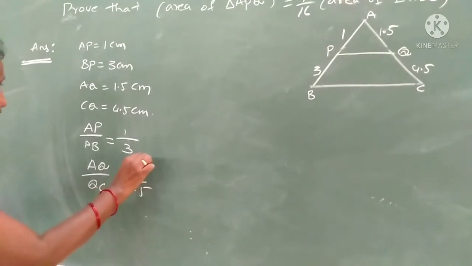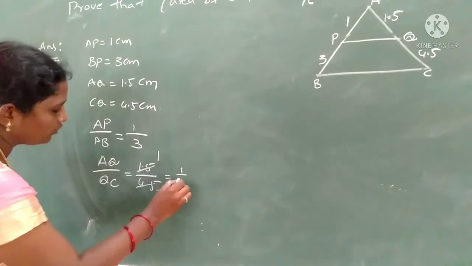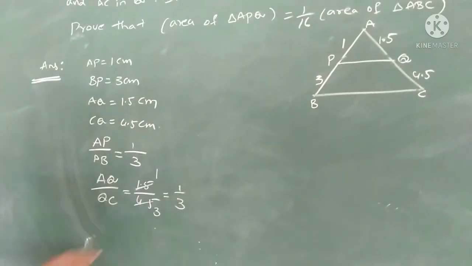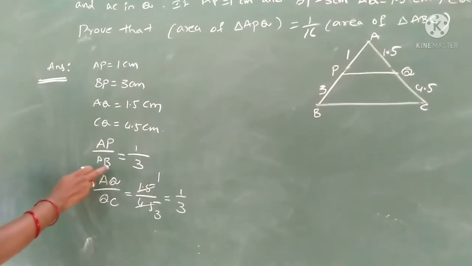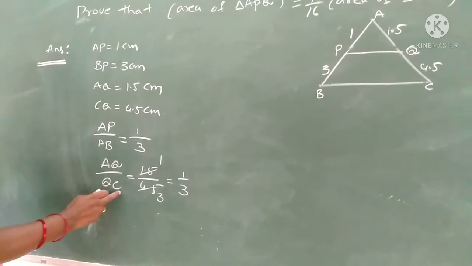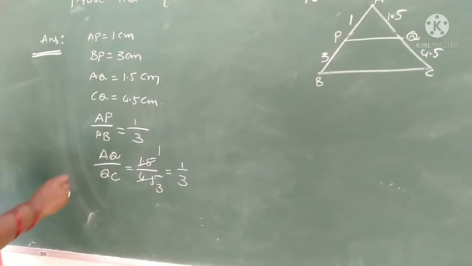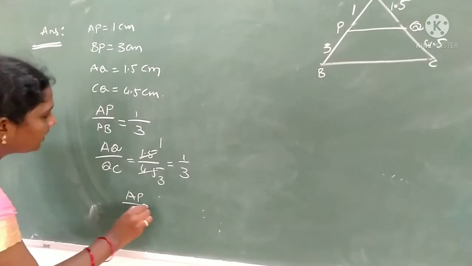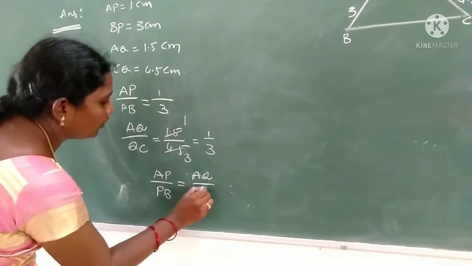So cancel: 1.5 ones are 1.5, 1.5 threes are 4.5. That equals 1 by 3. So we observe these two values: AP by BP value 1 by 3 and AQ by QC value 1 by 3. It means the two ratios are equal. AP by PB equal to AQ by QC.